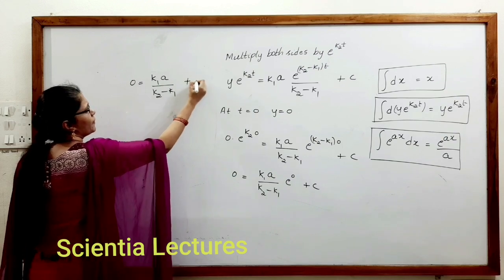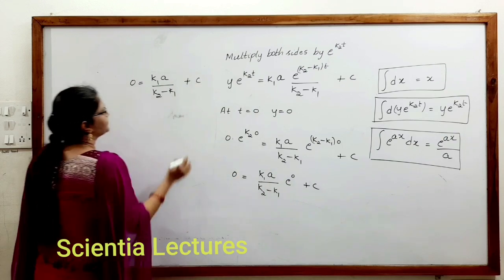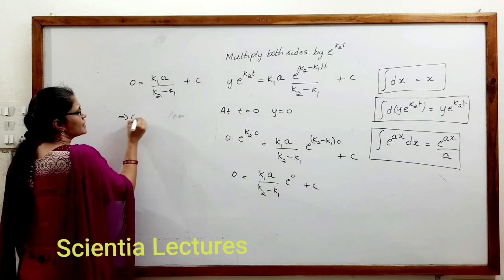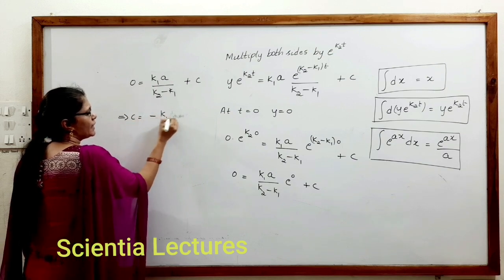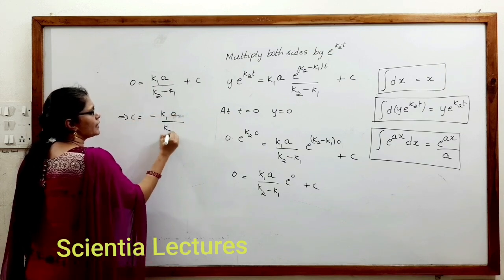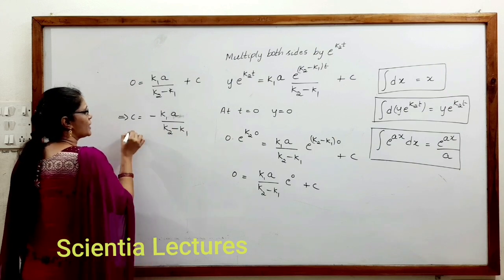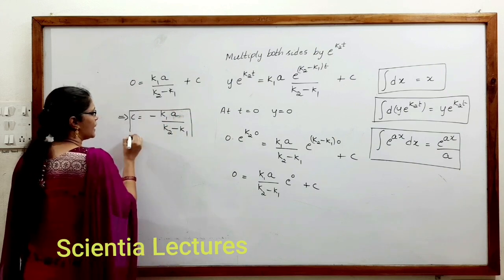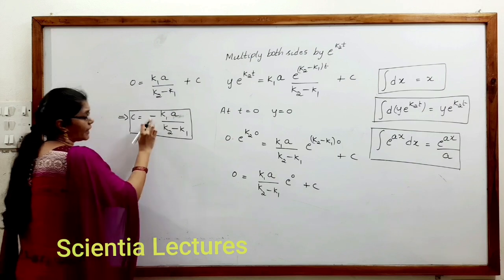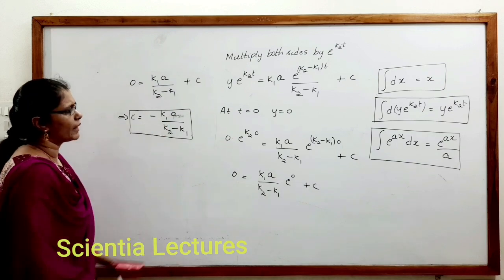That's what we have got, since e^0 is 1, which implies c is equal to minus k1 a by (k2 minus k1).